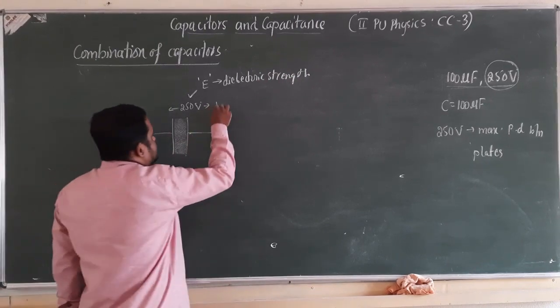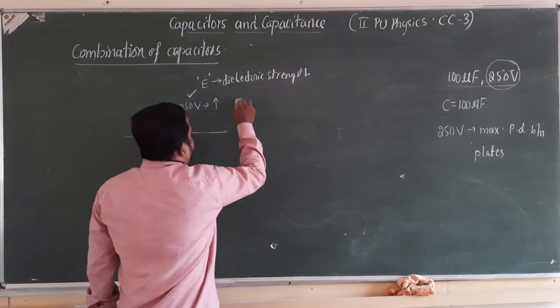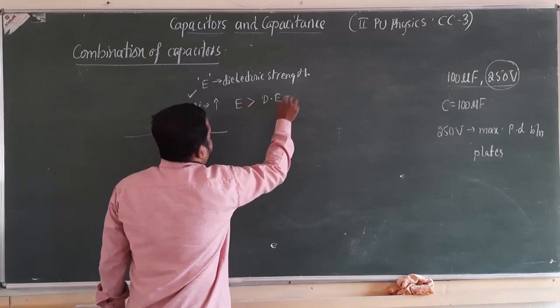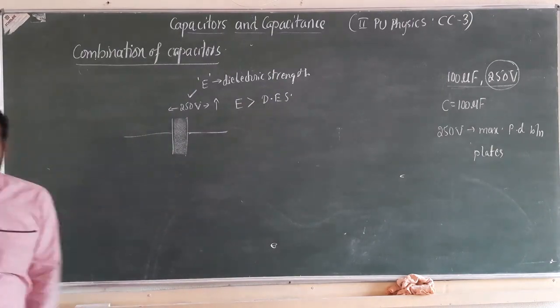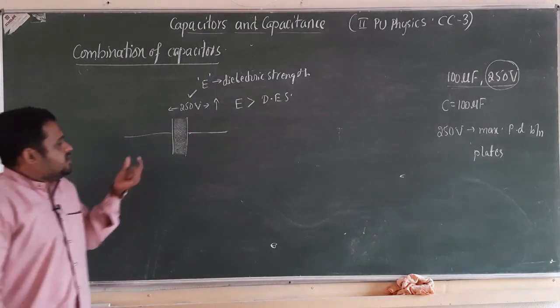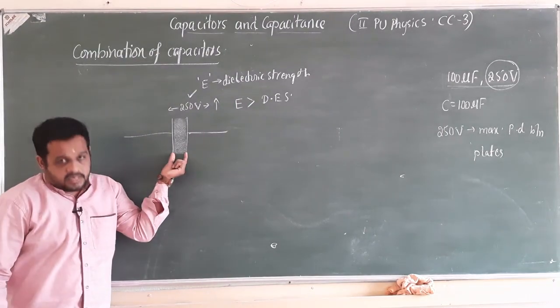If you further increase the potential difference, the electric field becomes greater than the dielectric strength. When that happens, we know that dielectric breakdown takes place.